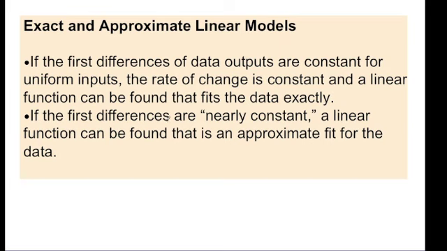If the first differences of the data outputs are constant for uniform inputs, meaning you're counting by something, it can be 1, 2, 3, 4, 5, or 5, 10, 15, 20, as long as you're counting by something, the rate of change is constant. That means the slope is constant, and a linear function can be found that fits the data exactly.